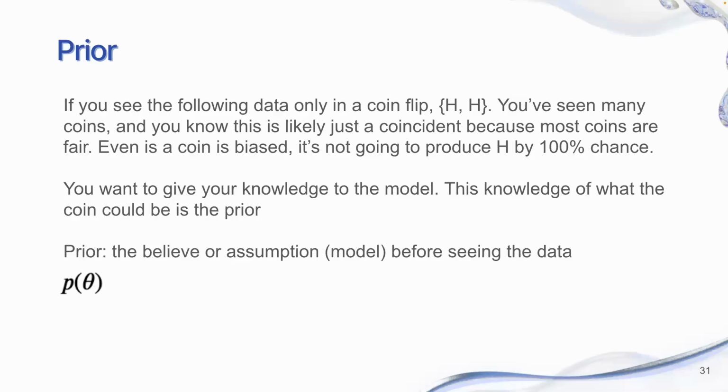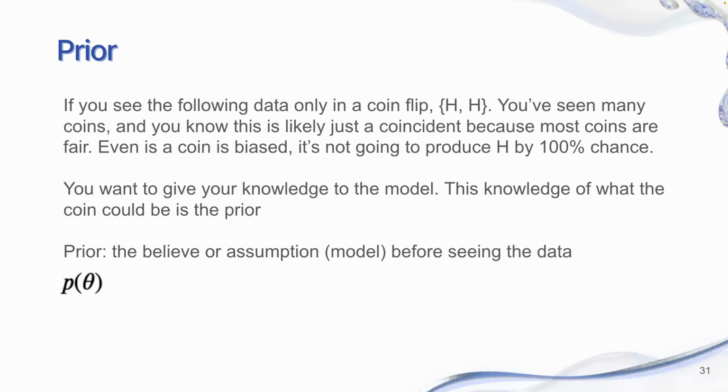Based on what you see so far, the best bet for a coin to produce this data is a coin that always lands 100% on heads, right? But you know that's probably not true. Your knowledge of a coin, say most coins in the world being fair, or being biased but not always landing on heads, is what we call the prior.